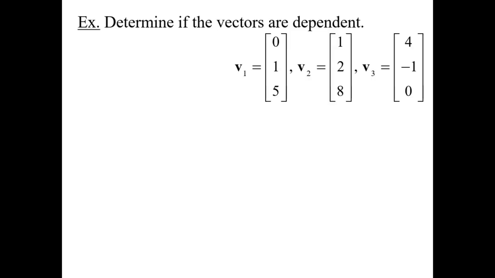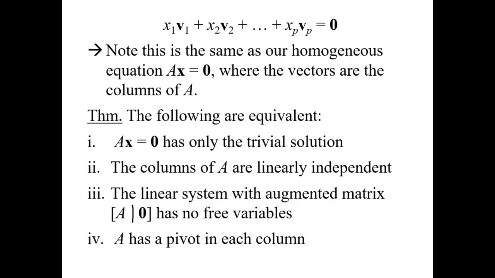Okay, so let's determine if these vectors are dependent. Notice that statements 2 and 4 don't even care about the 0 or the augmented matrix. They are only interested in the coefficient matrix A. So let's think about that for a second.